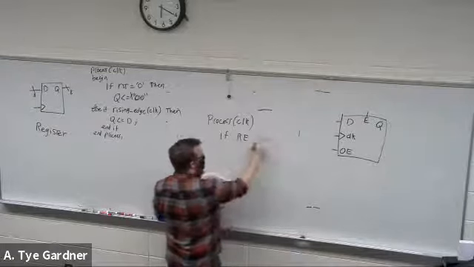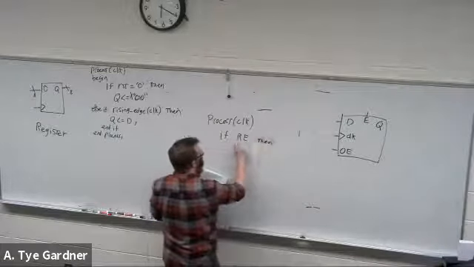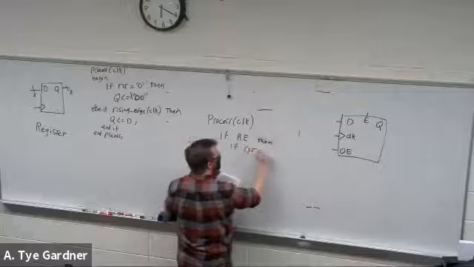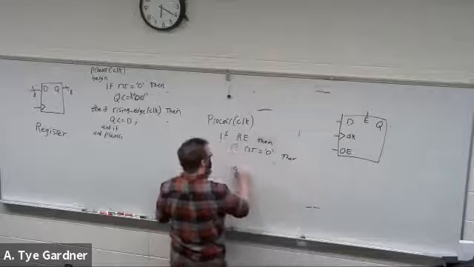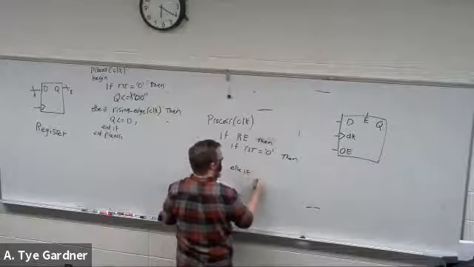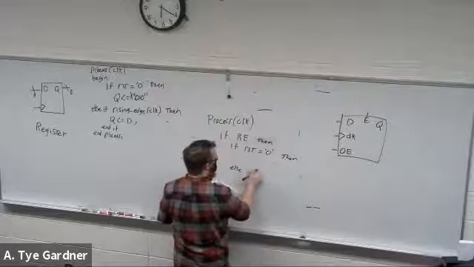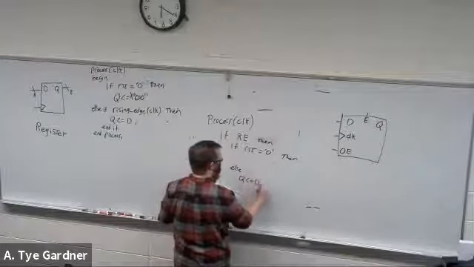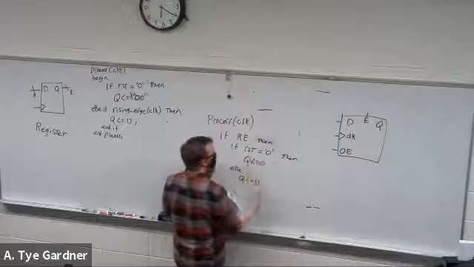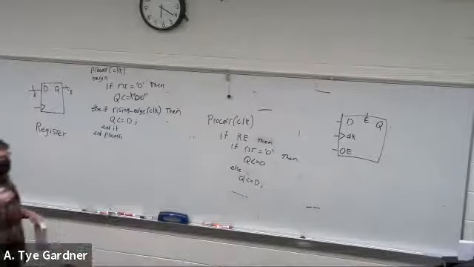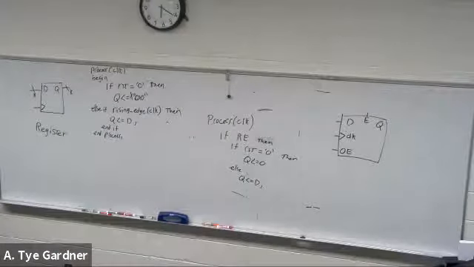I could say if rising edge, then if reset is equal to 0, then, else, Q is D. So this is a fully synchronous reset, meaning I have to have a rising edge of a clock and 0 on the reset at the same time.